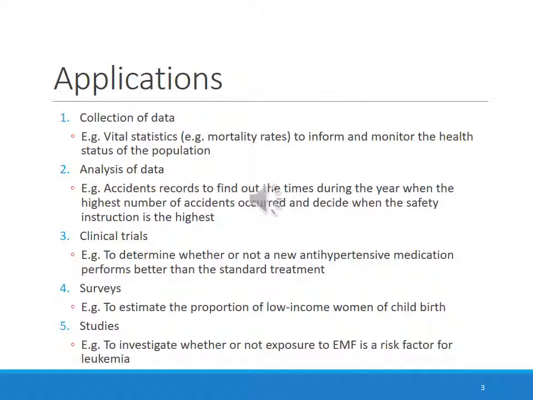Example, to estimate the proportion of low-income women who have given birth. 5. Studies. This will help us understand the causal factor or factors associated with a health outcome. Example, investigating whether or not exposure to electromagnetic field is a risk factor for leukemia.